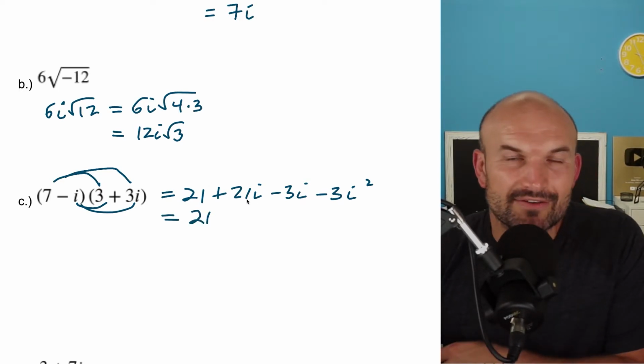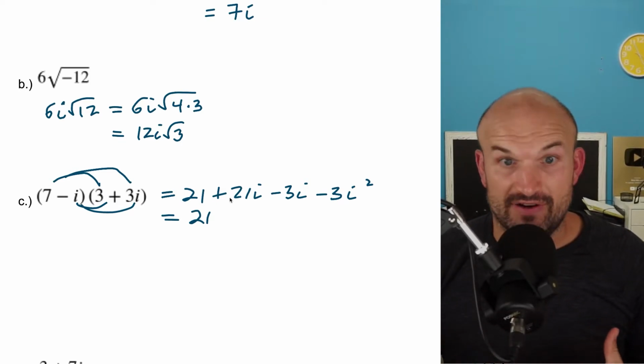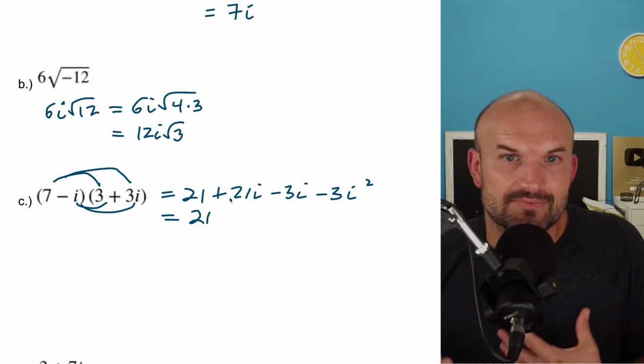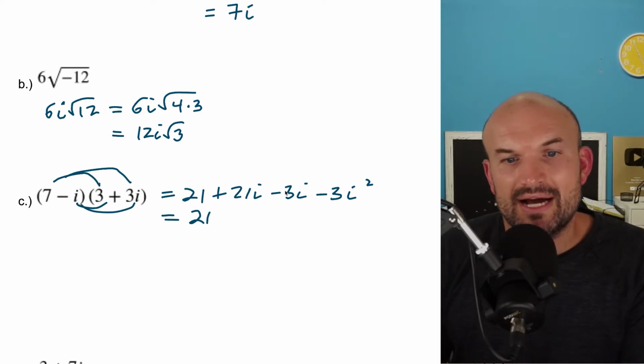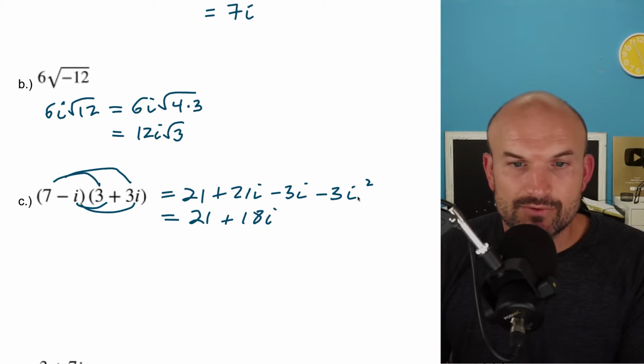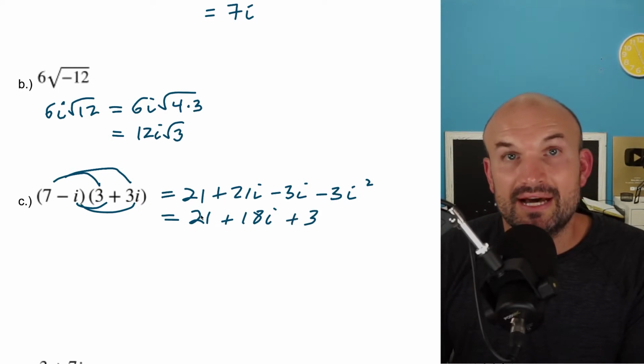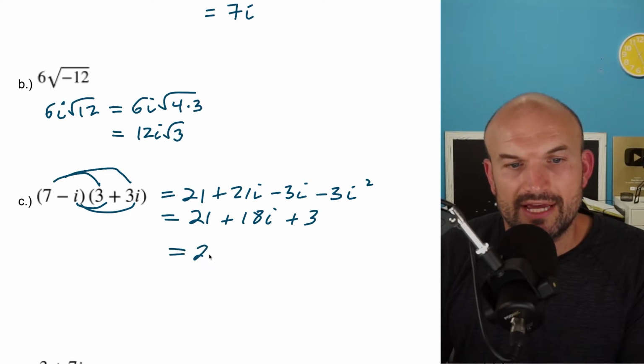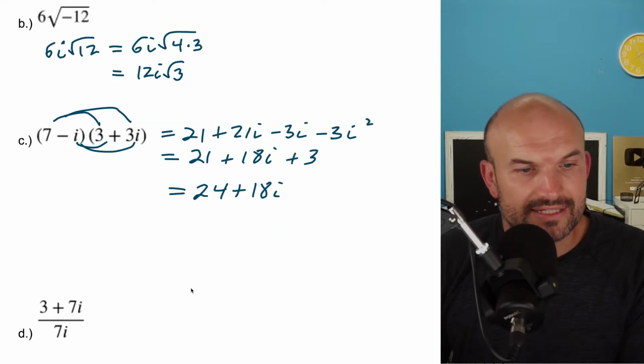You can think of the i as a variable as well, like x plus x is 2x. So 21i minus 3i is going to be a positive 18i. i squared is -1, so -3 times -1 is going to be a positive 3. Now I can combine the 21 plus 3, so that's going to equal 24 plus 18i, and therefore we're all set.